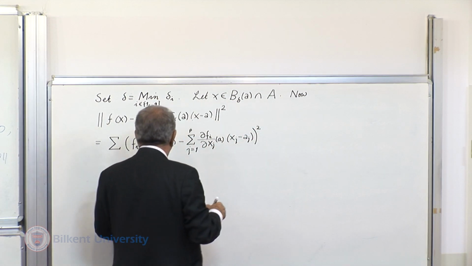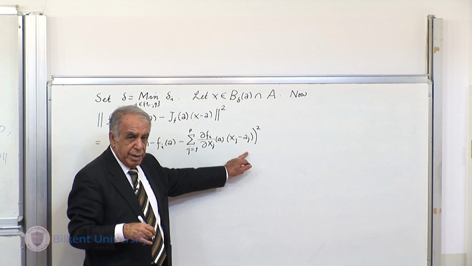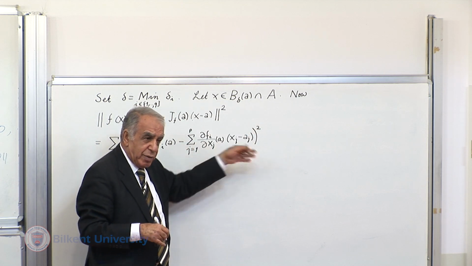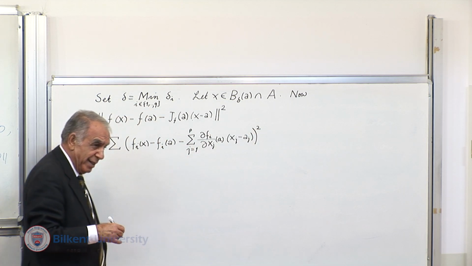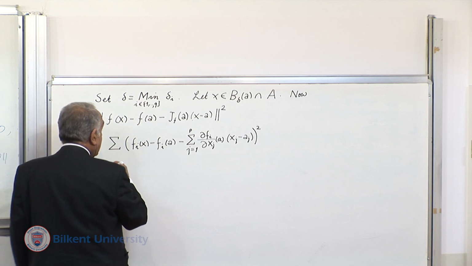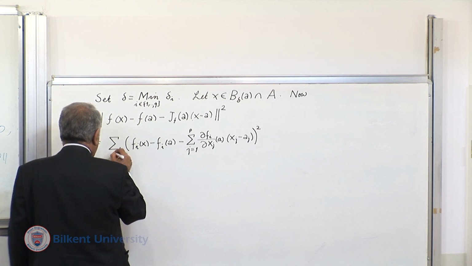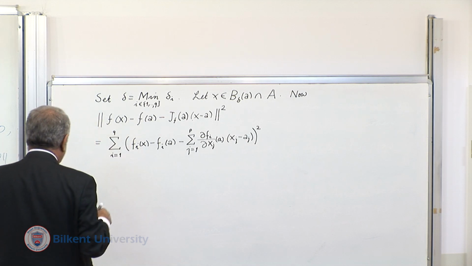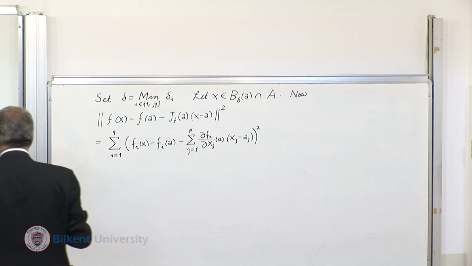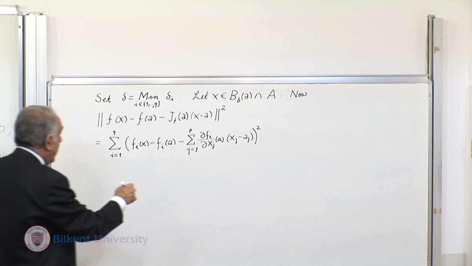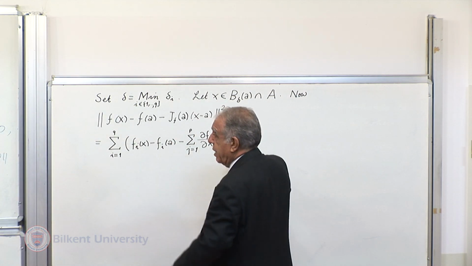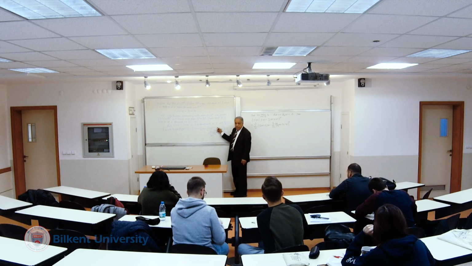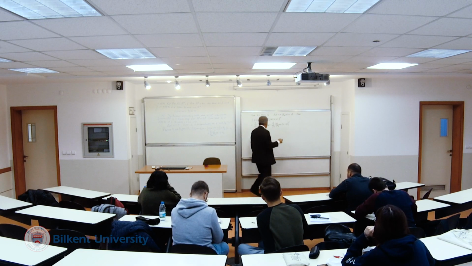This is squared. Because this is a real number, it has an absolute value, but since we squared it, the absolute value does not matter. So this is from i equal to 1 to q. But this here is nothing but df_i(a) at x minus a.